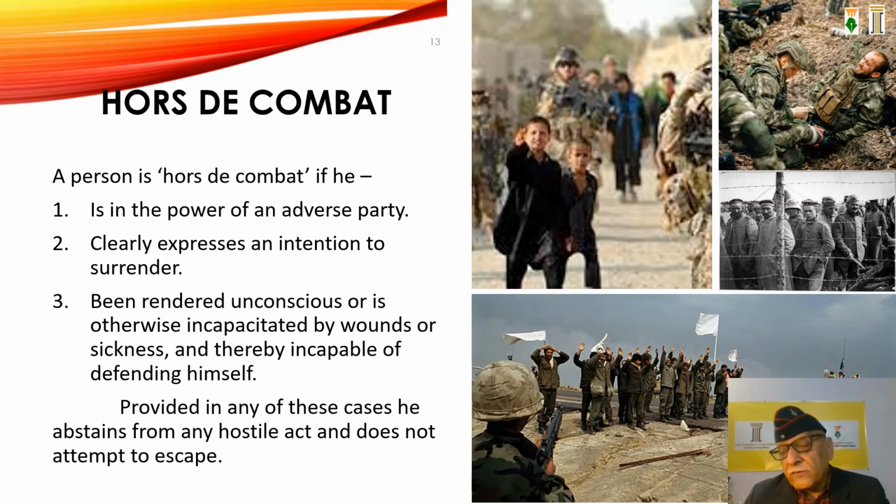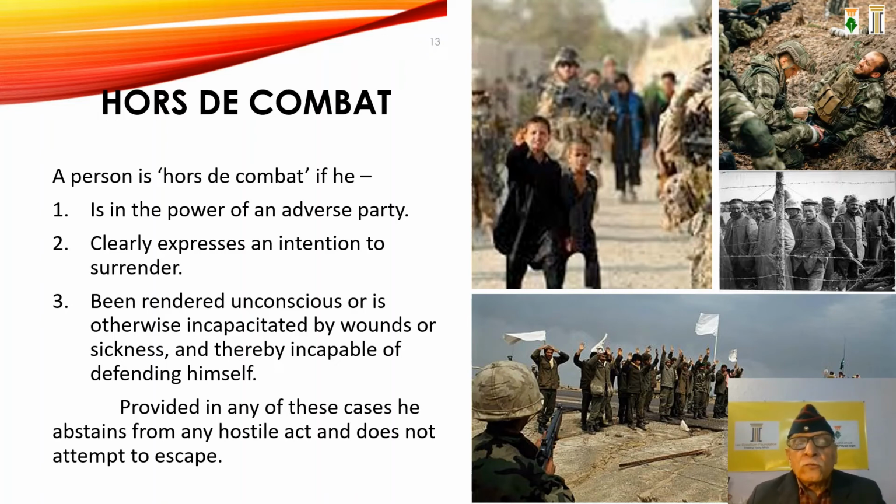You see the image on the slide in front of you. These soldiers, a group of soldiers, are showing a white flag, which means that they do not wish to fight. They want to surrender and may be engaged in a dialogue.